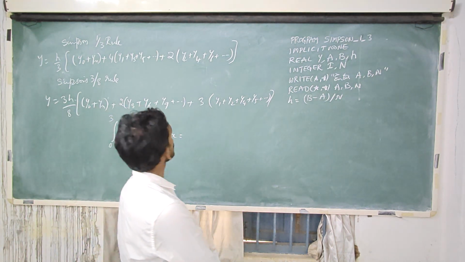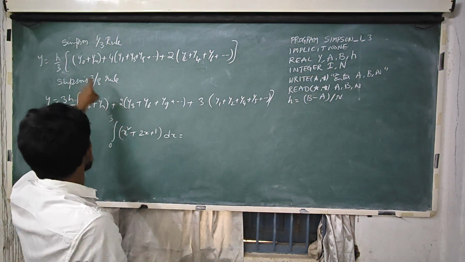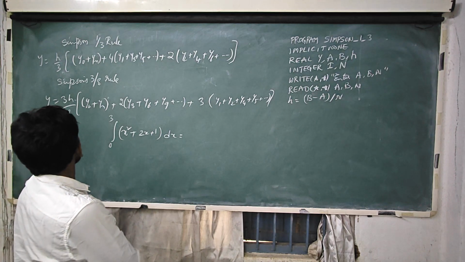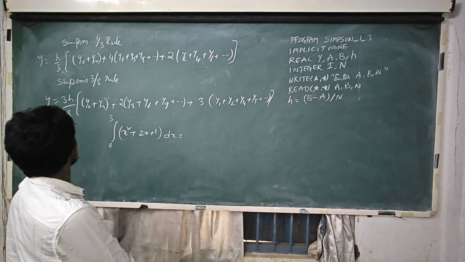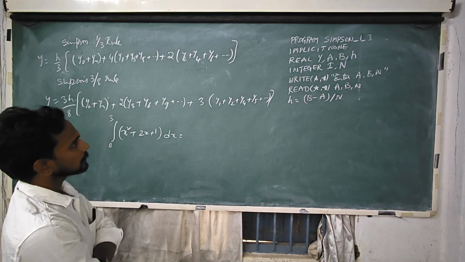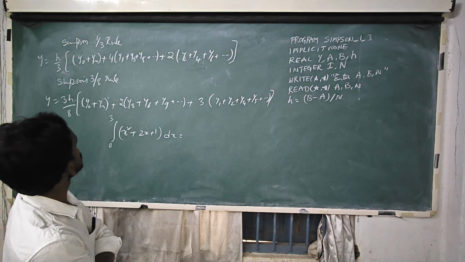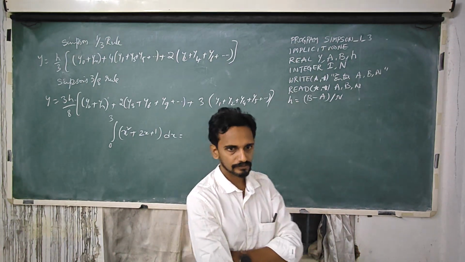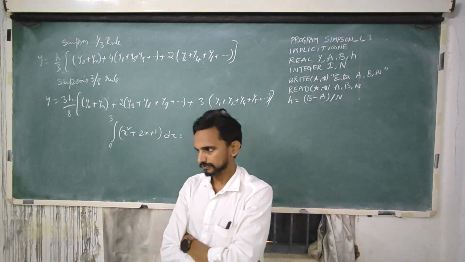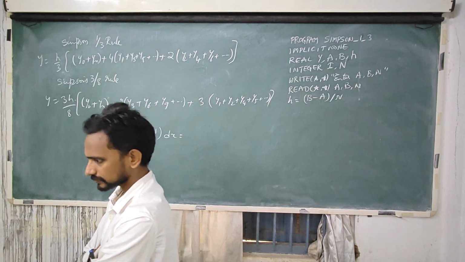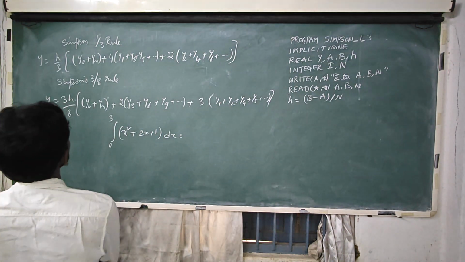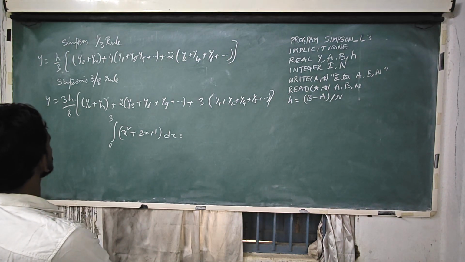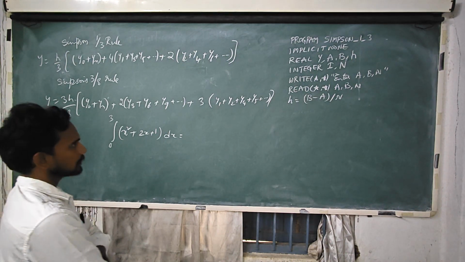Okay. So now I have to calculate this: y0 plus yn, 4 times odd numbers and 2 times even numbers. So initial value is fixed.